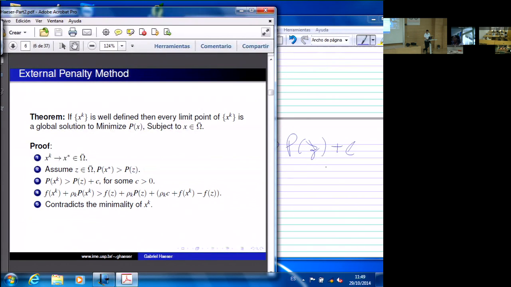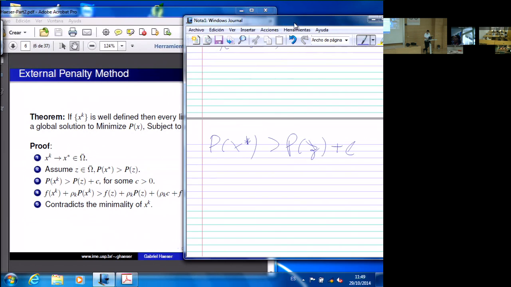So we have something like this: f of xk plus rho k p of xk should be greater than f of z plus rho k p of z, plus some positive terms.